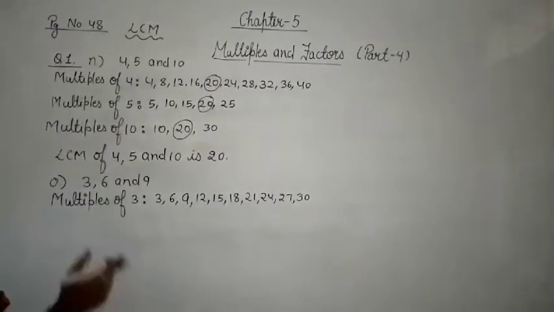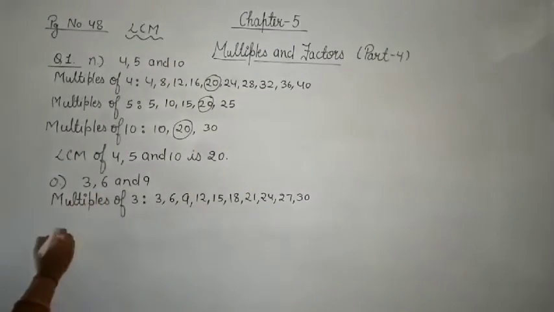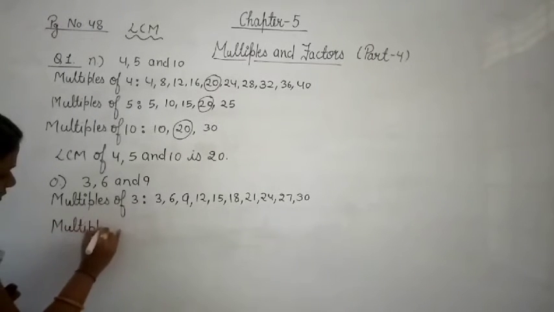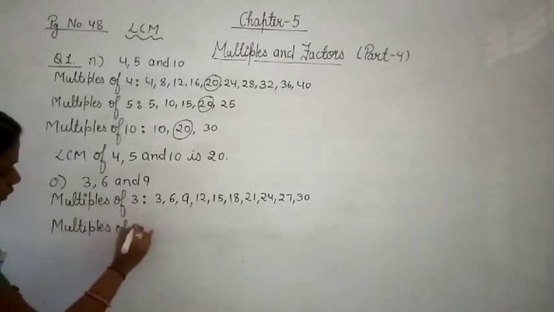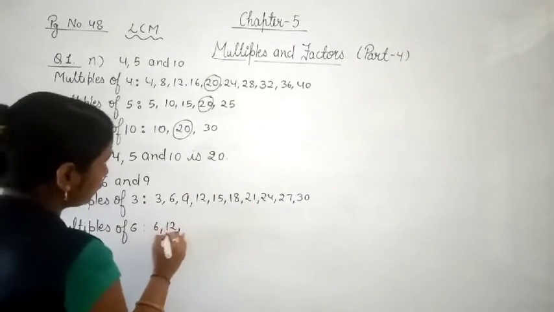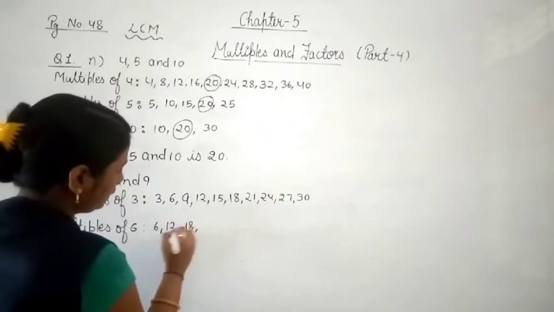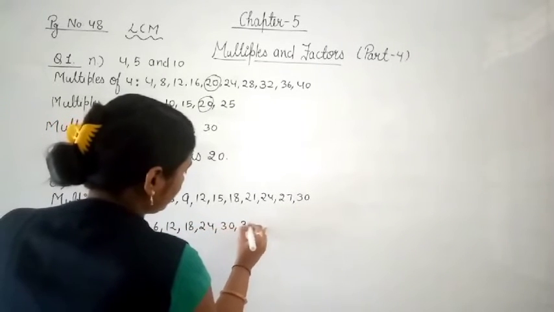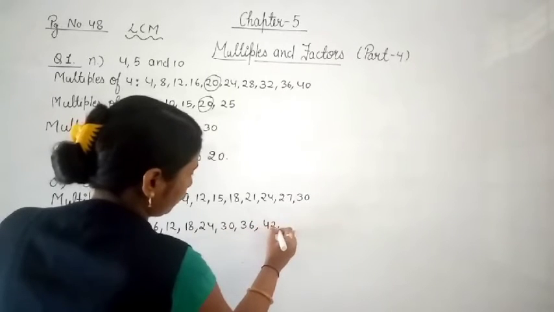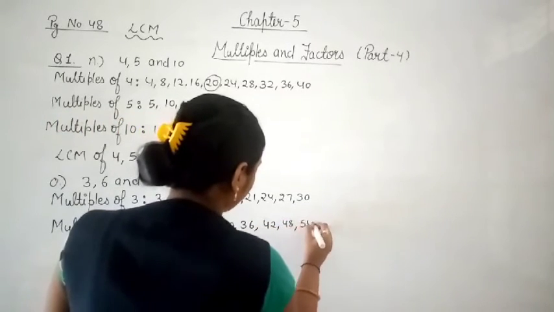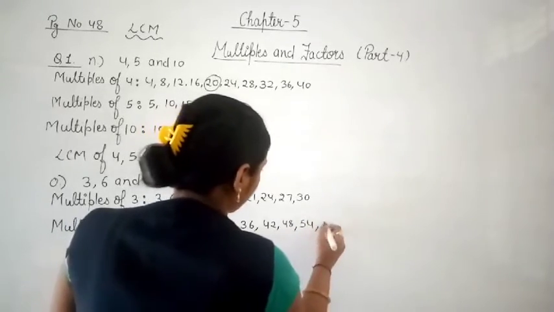Now multiples of 6: 6 ones are 6, 6 twos are 12, 6 threes are 18, 6 fours are 24, 6 fives are 30, 6 sixes are 36, 6 sevens are 42, 48, 6 nines are 54, 6 tens are 60.